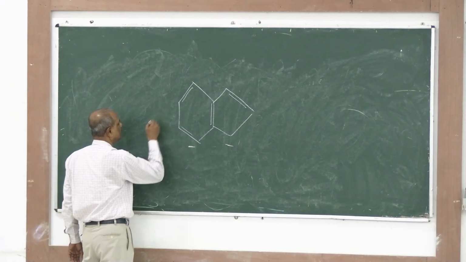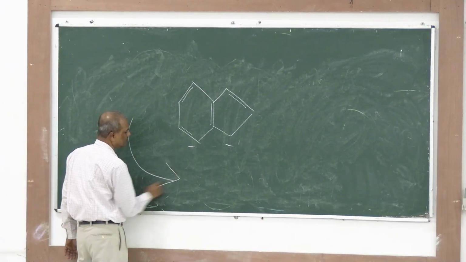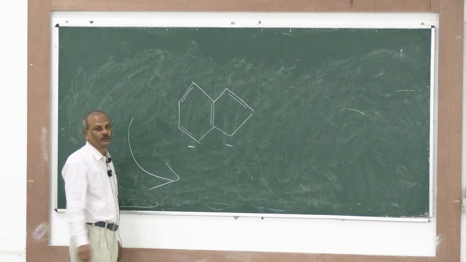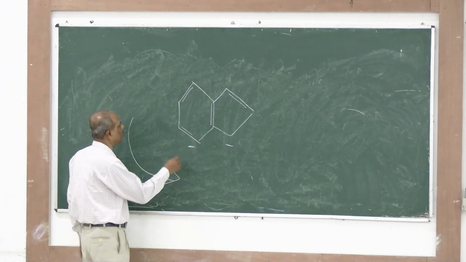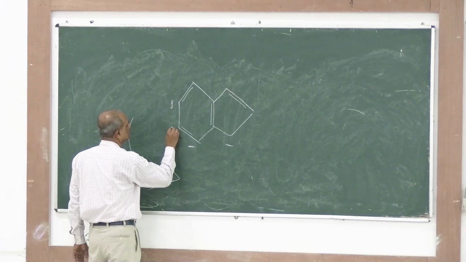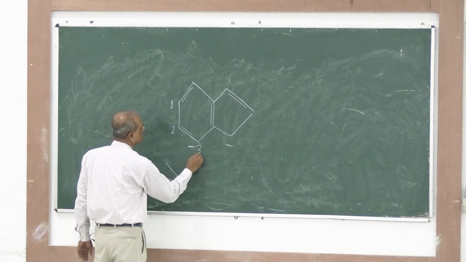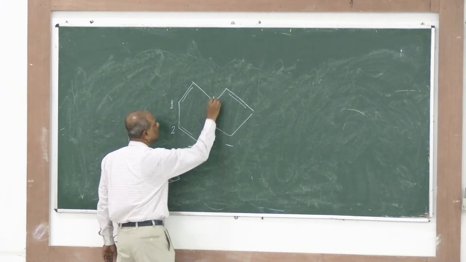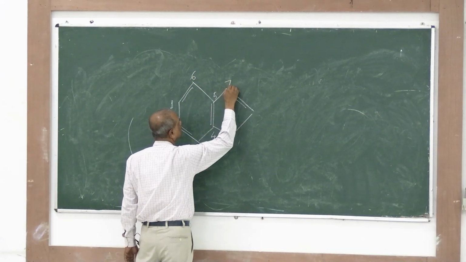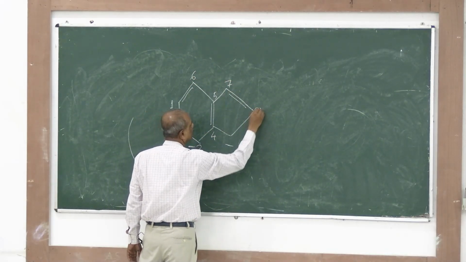Now they are numbered in this direction, anti-clockwise. This is 1, this is 2, this is 3, this is 4, 5, 6, 7, 8 and 9.